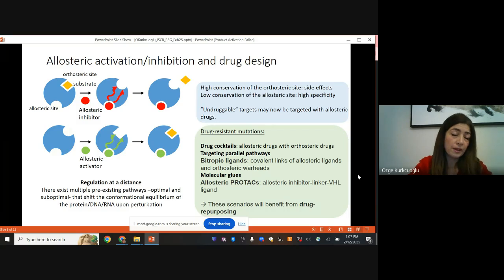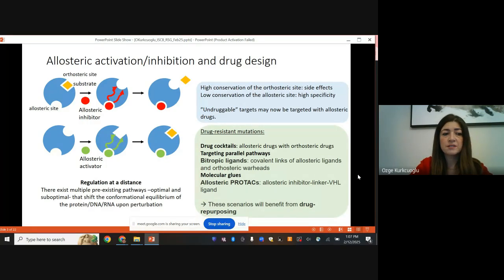An opposite effect is also possible with an allosteric activator. The current view accepts all proteins as inherently allosteric, and now more and more evidence indicates that there exist signaling pathways that transmit the perturbation at an allosteric site to the orthosteric site using tertiary interactions.